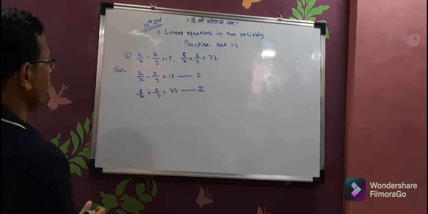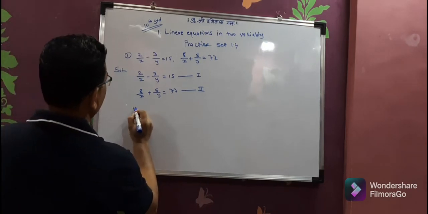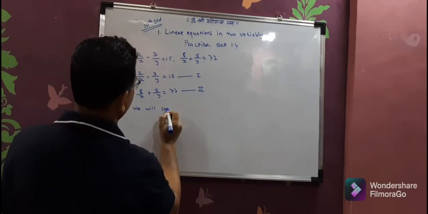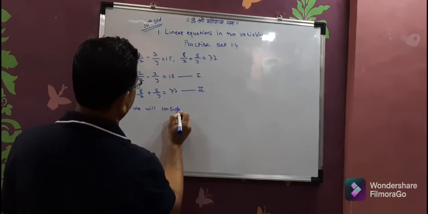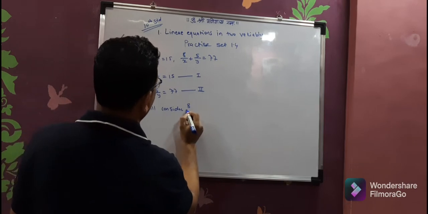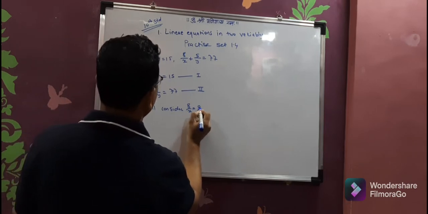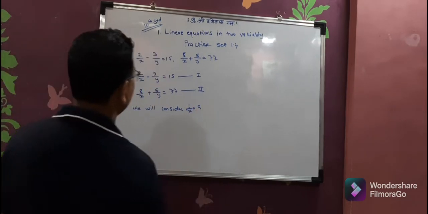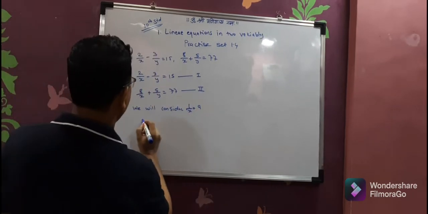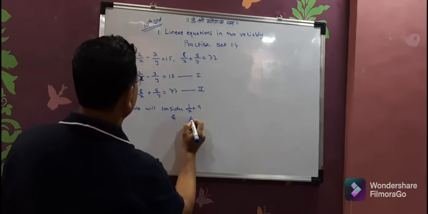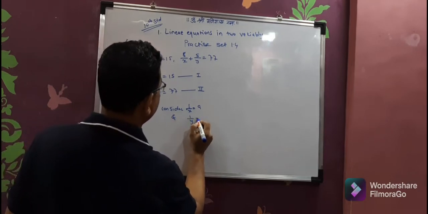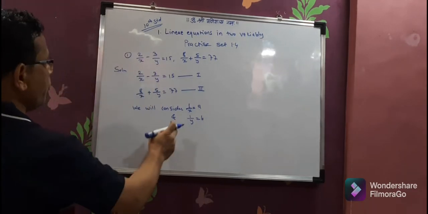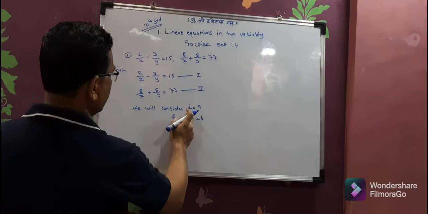Now we will consider, sorry, 1 upon x is equal to a, and 1 upon y is equal to b. Now we are going to substitute the value of x in terms of a.